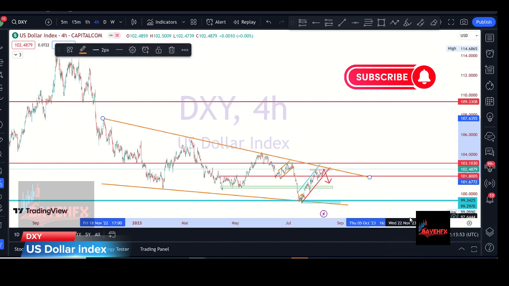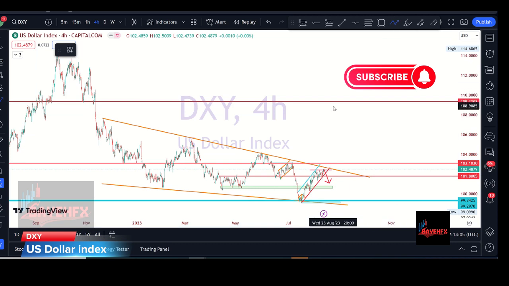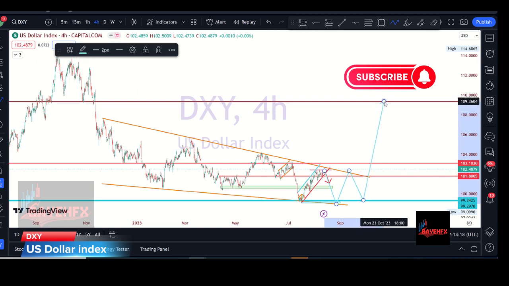But before a bullish breakout for a continuation to the upside, the market usually squeezes down to the downside. So we're going to get at least a squeeze like this, then we get a breakout, and then we continue to the upside, right?